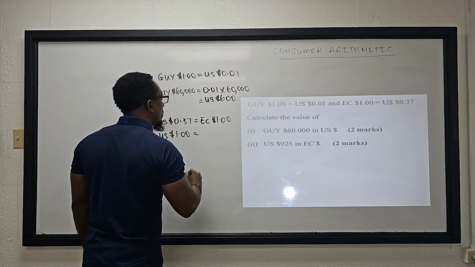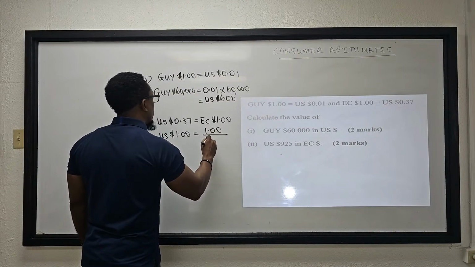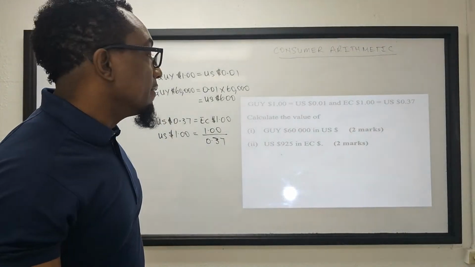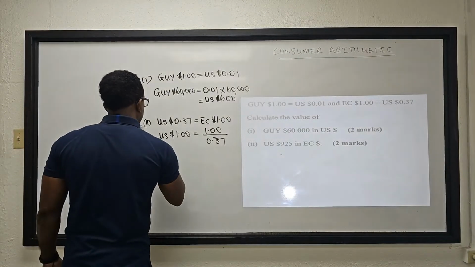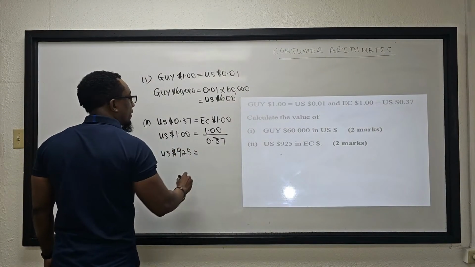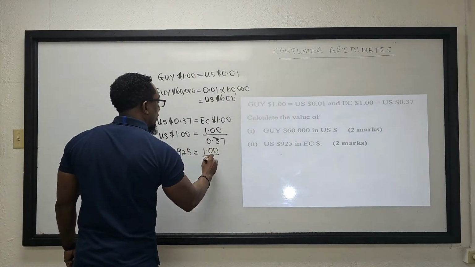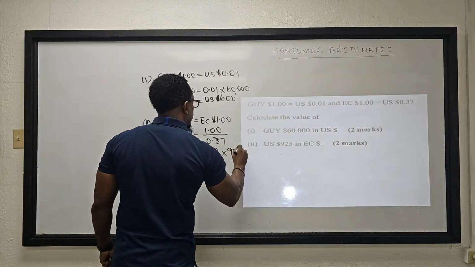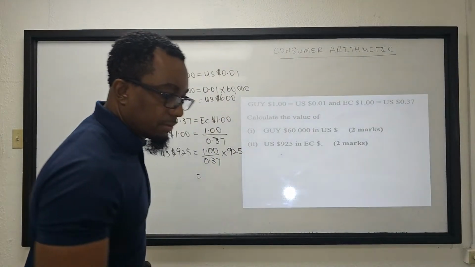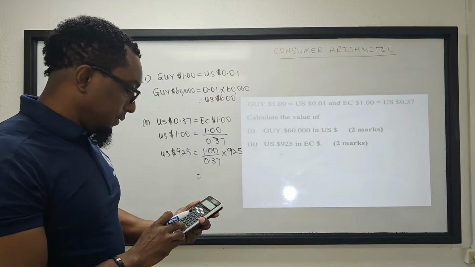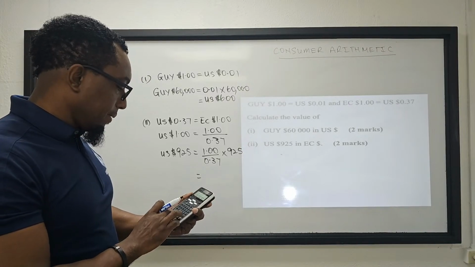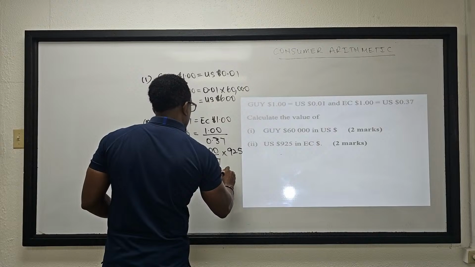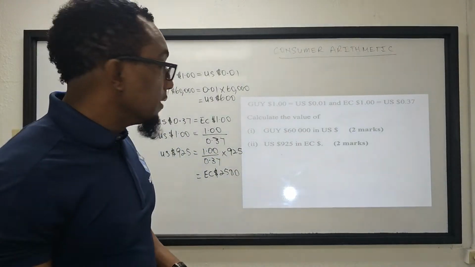That will be equal to $1 all over US 37 cents, and therefore US $925 is equal to $1 over 0.37 times 925. $1 divided by 0.37 multiplied by 925 will give us EC $2,500.